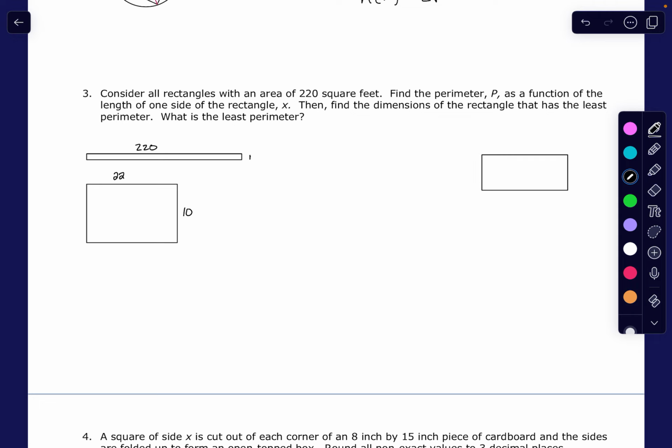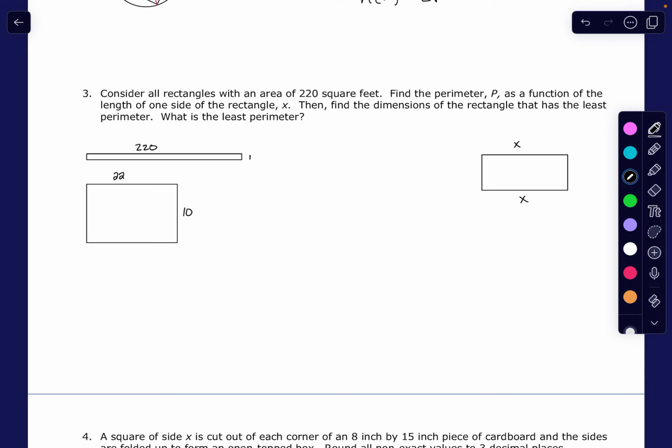Here we're asked to consider the perimeter P as a function of the length of one side of the rectangle x. Let's call the length x here. I'll put it on either side since I know I'm going to have to consider the perimeter. Then we're asked to find the dimensions of this rectangle that has the least perimeter, and then to evaluate what that is.